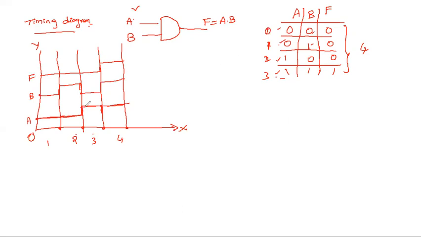I am taking the scale as time on the x-axis: this is 10 nanosecond, 20 nanosecond, 30 nanosecond, 40 nanoseconds. A is 0 0 1 1, B is 0 1 0 1, and F is 0 0 0 1.